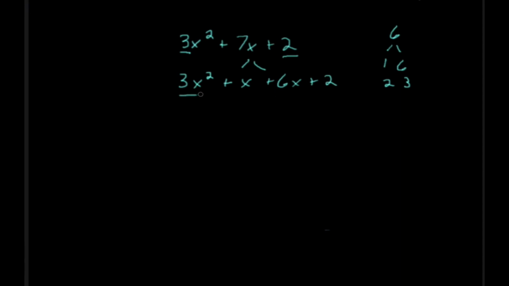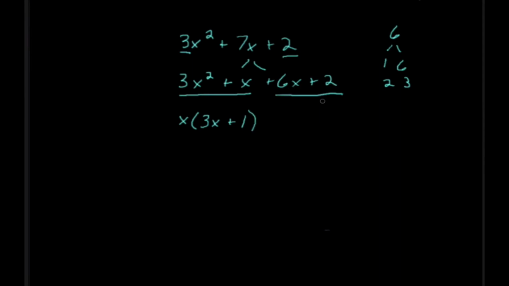I'm going to take these first two terms and factor them, and then take these second two terms. The greatest common factor here is just x. They don't share a 3, they just share an x. So I'm going to factor out an x here, and I'm going to leave the 3x and the 1.